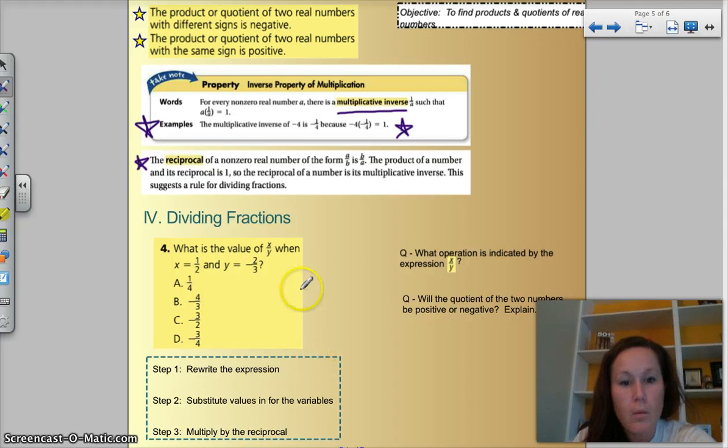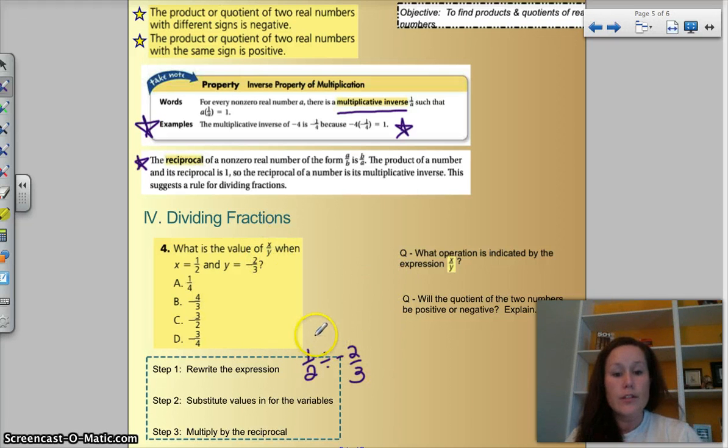So x divided by y, we're going to have 1/2 divided by -2/3. Notice how I'm writing it out this way and not in fraction form. I know that that fraction bar means divide. I know that dividing fractions I have to multiply by the reciprocal because I learned that in 6th and 7th grade.